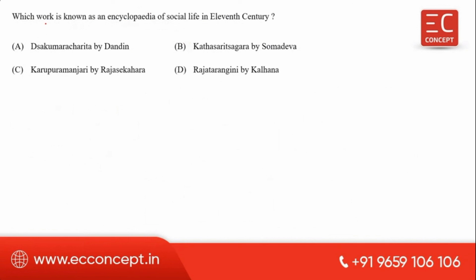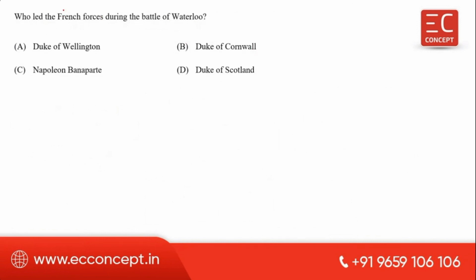Which work is known as an encyclopedia of social life in the 11th century? So the answer for this question is this one, Kathasaritsagara. Okay. Next question. Who led the French forces during the Battle of Waterloo? Napoleon Bonaparte.